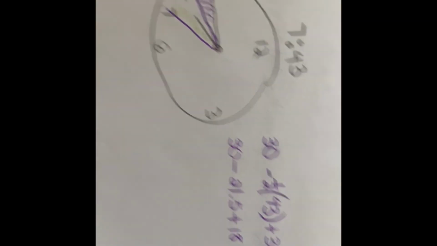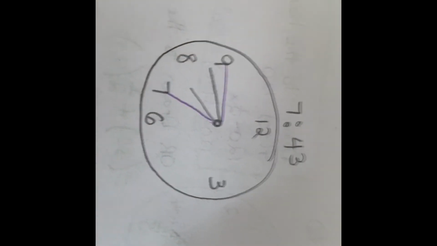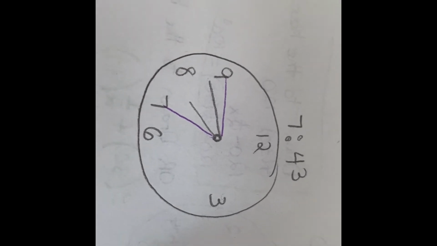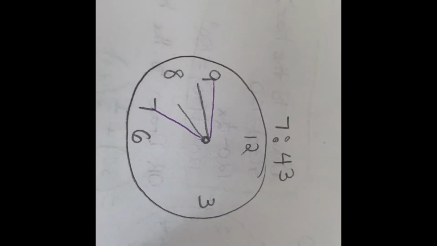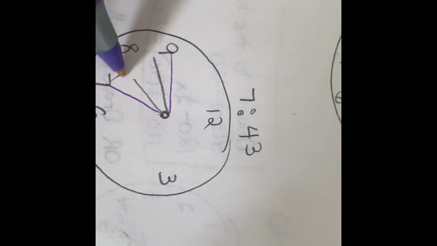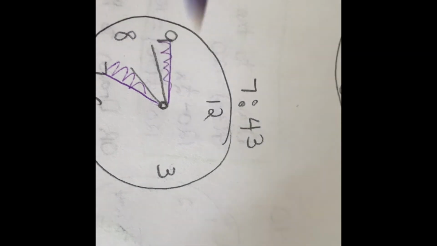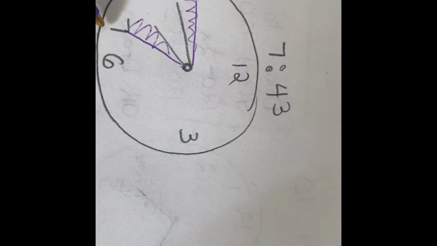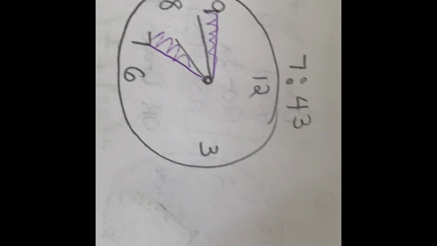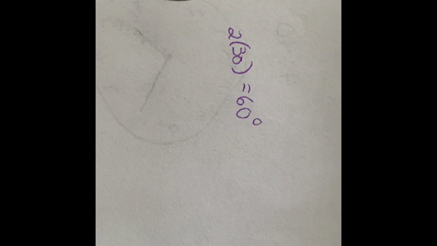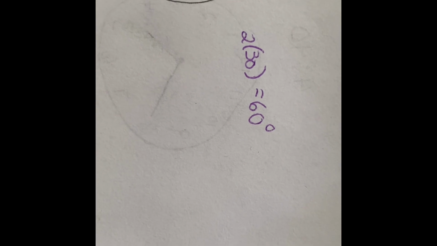Now, I prefer doing it the second way, which is actually drawing the lines outside of both of them so that you're consistently taking away on both sides. So I'll be taking away on this side and taking away on this side to get what my actual angle is. So now when I look at the increments here, from 7 to 9, I've got 2 increments, so 2 times my 30 gives me an angle of 60 to start with. Now I'm going to take a look at the hour hand first.